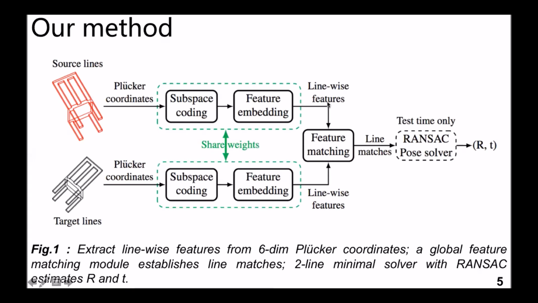Given line-wise features, they are fed to a global feature matching module to estimate line-to-line matches. With line matches, we estimate the relative rotation and translation with a two-line minimum solver in a RANSAC framework.